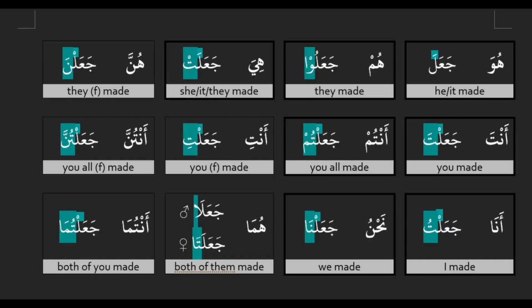Okay, so there are a few more things we need to study with regards to past actions. We talked about ending indicators, but we also know that pronouns can attach to an action. When a pronoun attaches to an action, it is always the receiver.